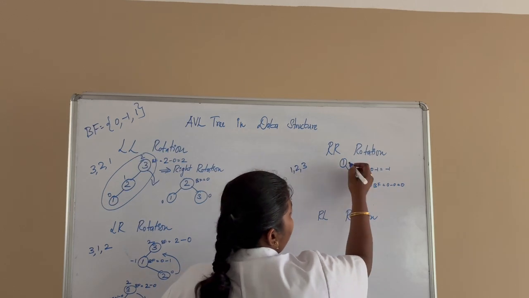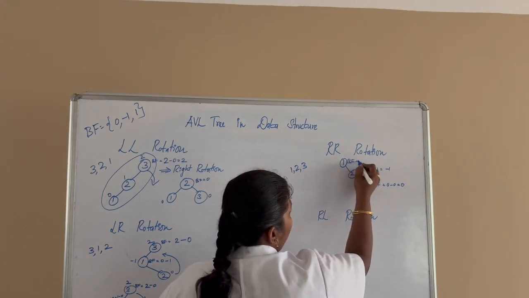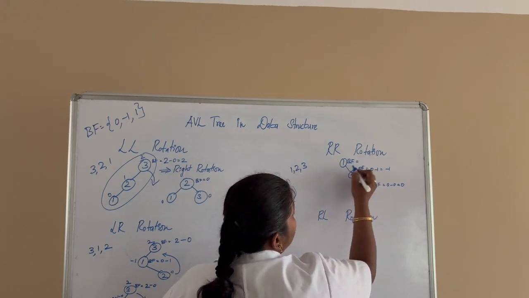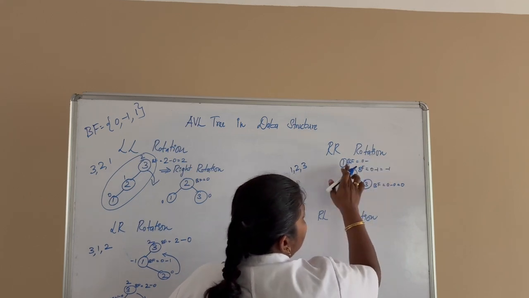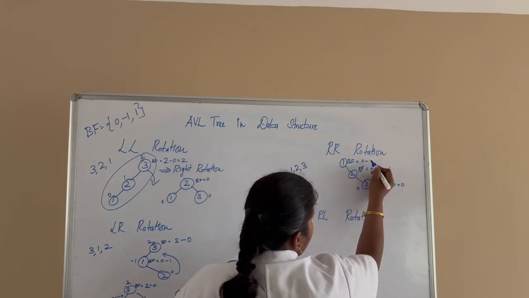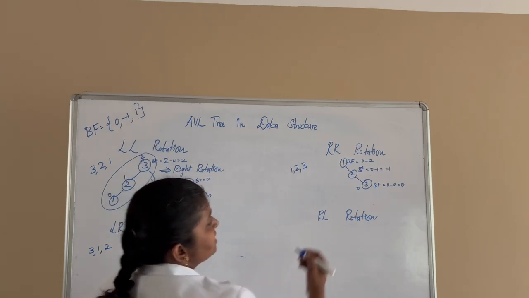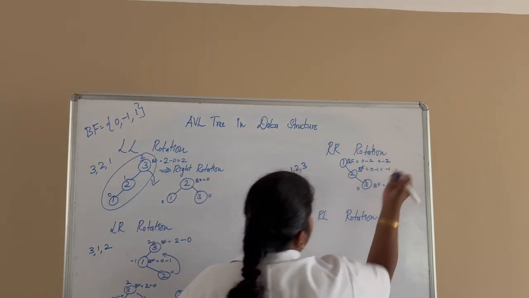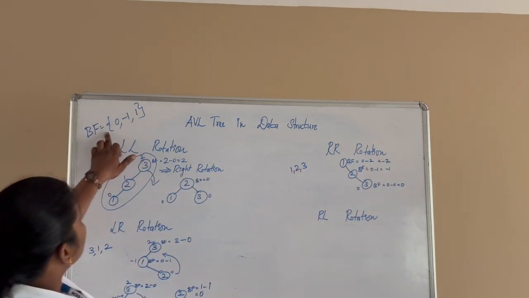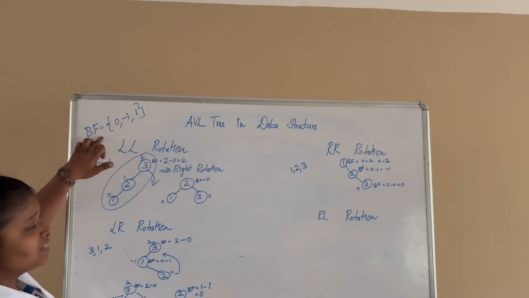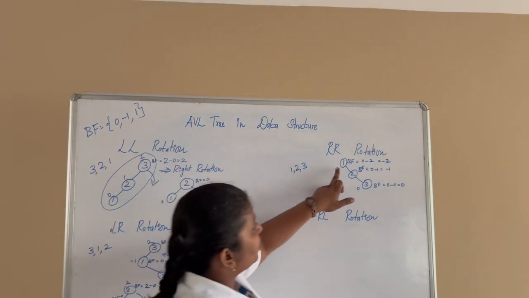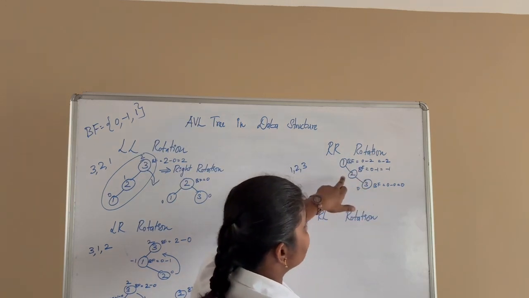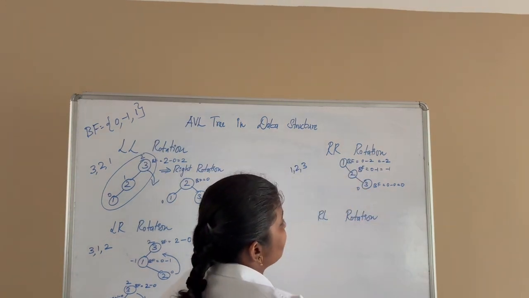For the node 1, which is the root node, there is no left subtree, 0, minus 2 for the right subtree, that is -2. This -2 is not within the balance factor range, that is, it is not within 0, -1 and 1. So here the tree is unbalanced. It is a right skewed tree.